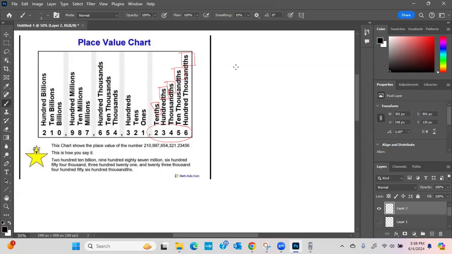And I like to think about it in terms of money. So if I have $3.42, what do I have now? These are dollars. So how much of a dollar? These are the dimes. So those are tenths because there are 10 dimes in a dollar. So this is the tenths place.